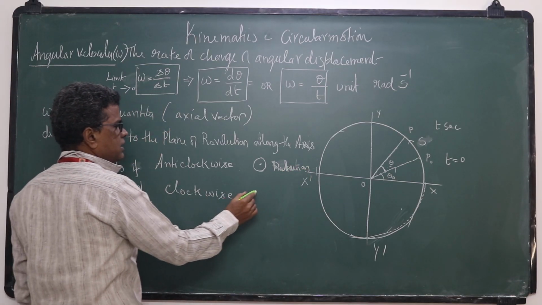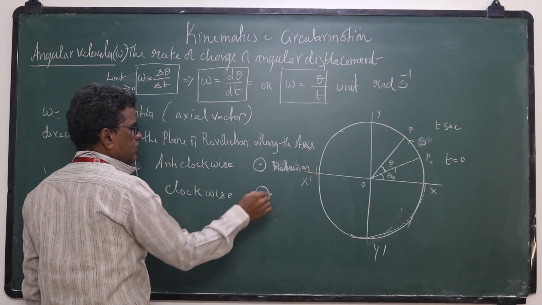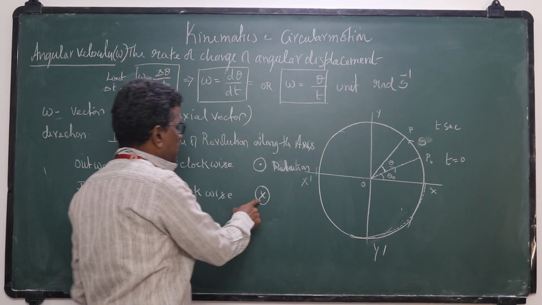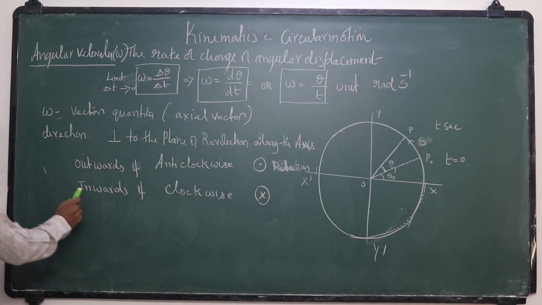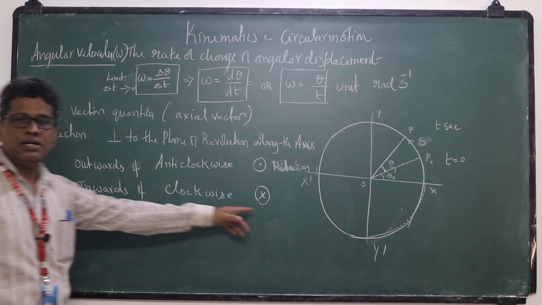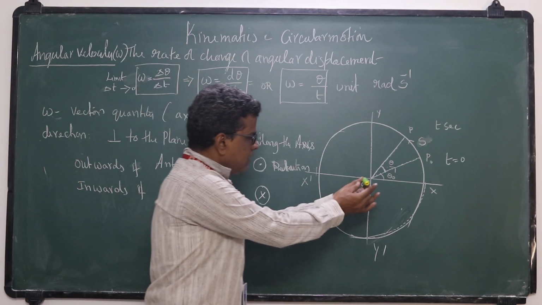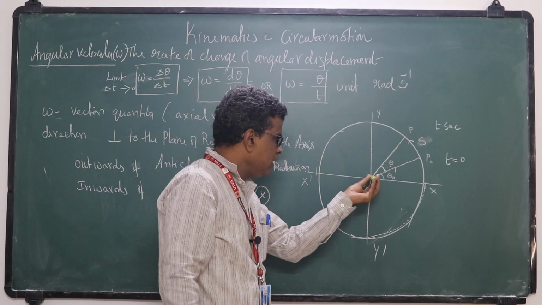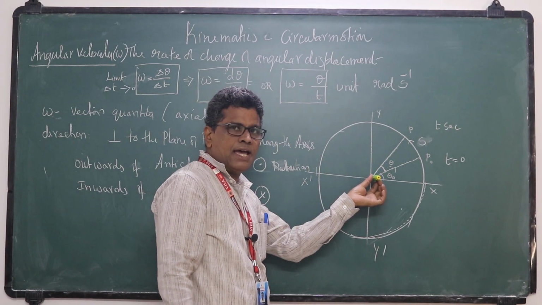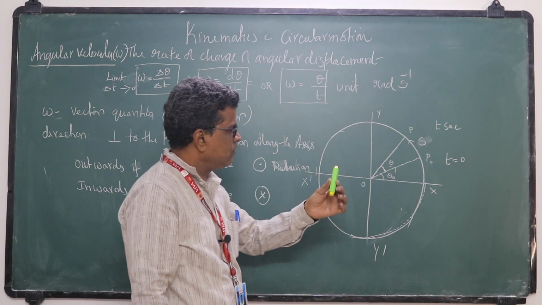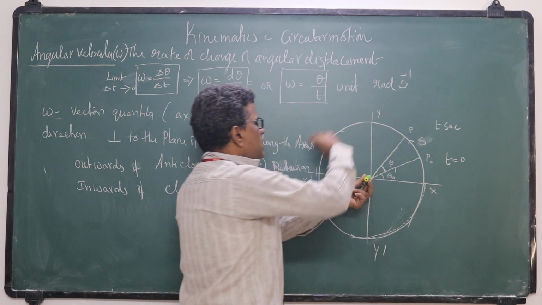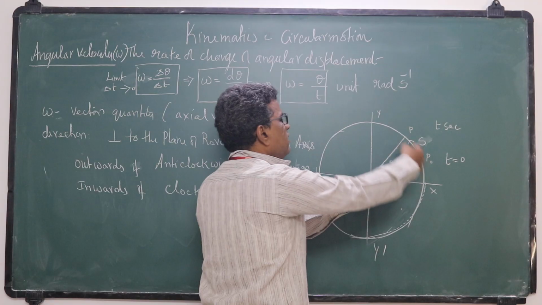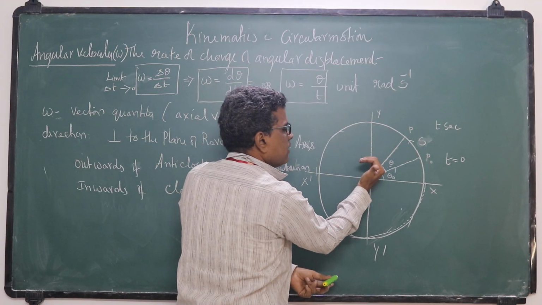Clockwise is represented with a cross, perpendicular to the plane. Cross means inwards, perpendicular to the plane of rotation. That means it is along the axis, like this. This chalk, this holder, indicates the axis of rotation. If it is anti-clockwise, it is perpendicular to the plane outwards.